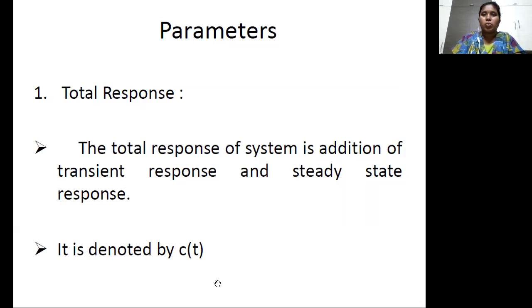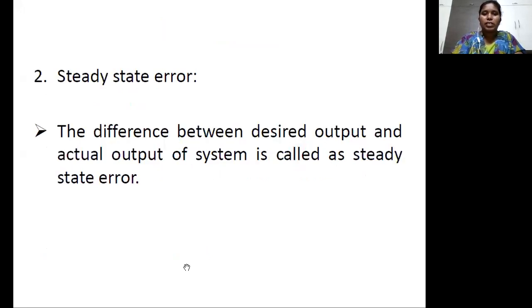The total response is indicated with the letter C, so I indicated the response of the system with C of t. The total response is the summation of both the transient response and the steady state response. The total response of the system is indicated with C of t.